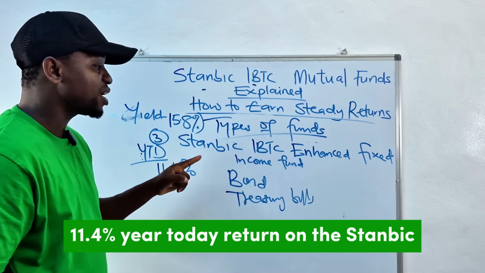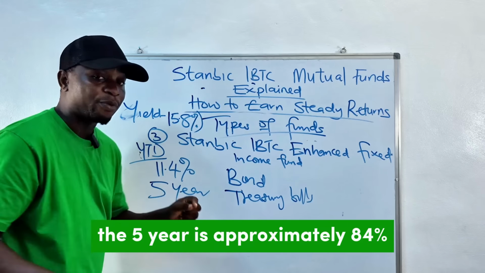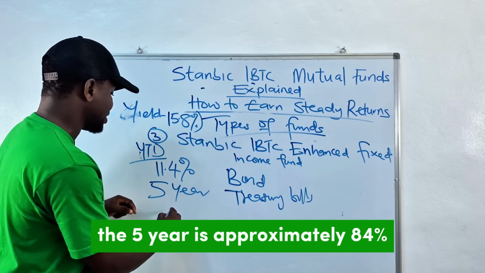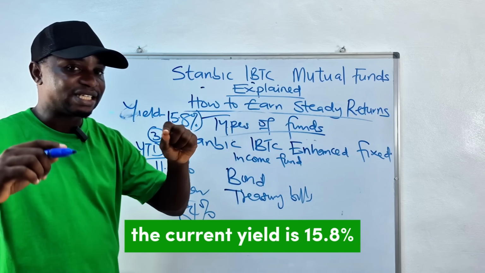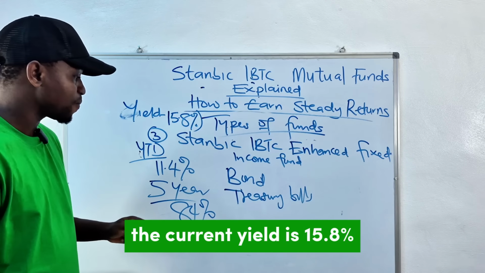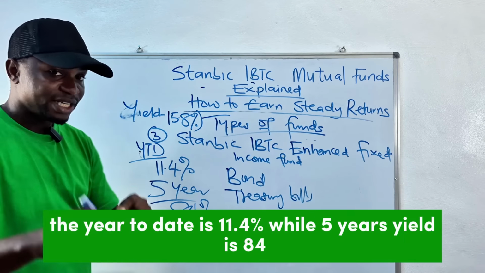The 5-year return is approximately 84%. So the current yield is 15.8%, the year-to-date is 11.4%, while the 5-year return is approximately 84%.